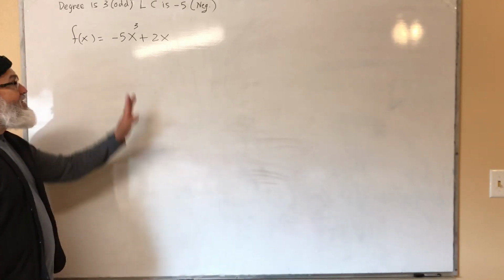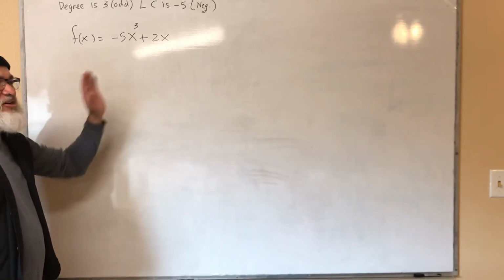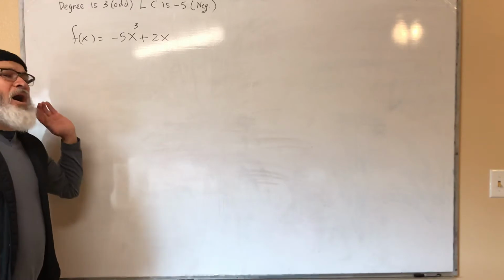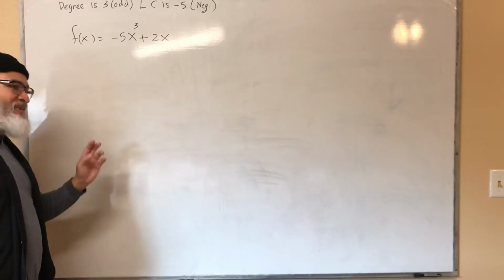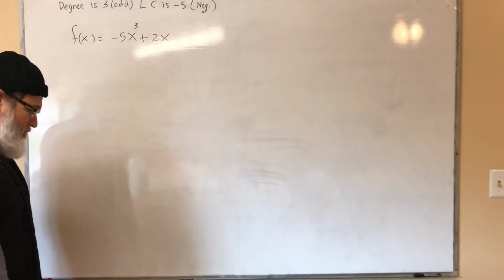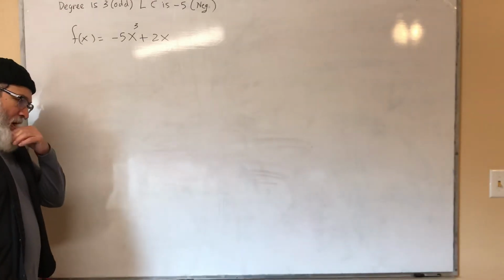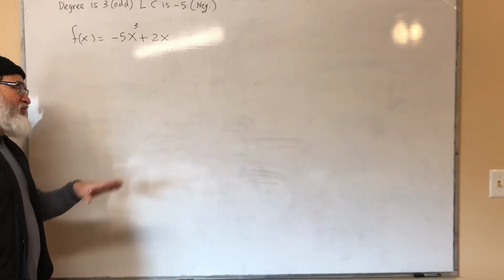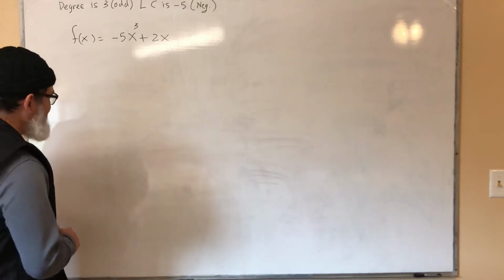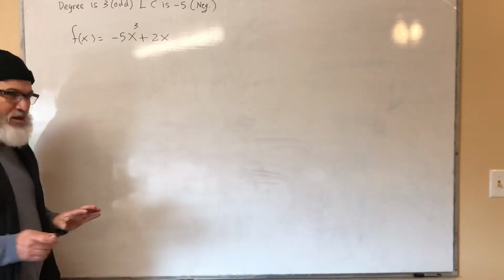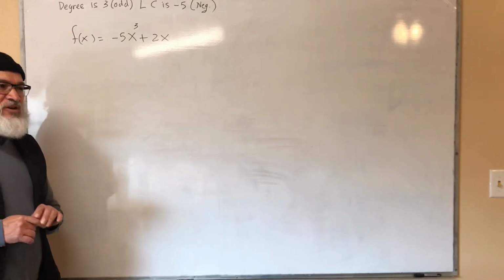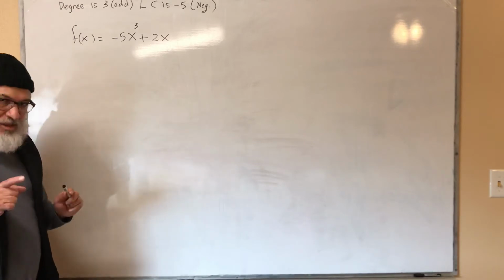This function is going to fall to the right and rise left. And now the question is, is this function odd or even? Okay? All right, but first let's try to graph it. Then I'm going to show you how to check to see if the function is odd or even.